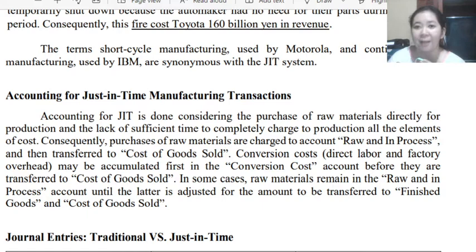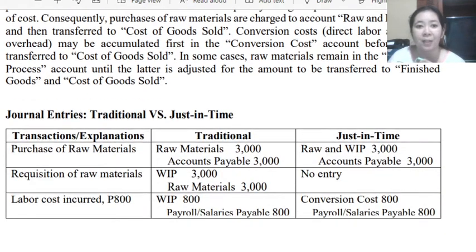To understand better, we have here an illustration of how entries are made for just-in-time. In this illustration, we have the traditional versus just-in-time. For purchasing of raw materials in traditional accounting, our entry is to debit raw materials and credit accounts payable.